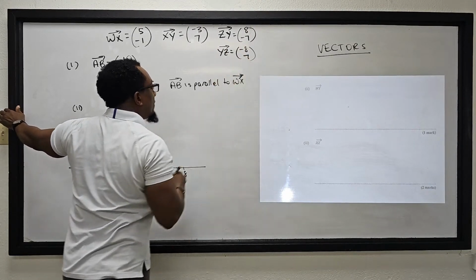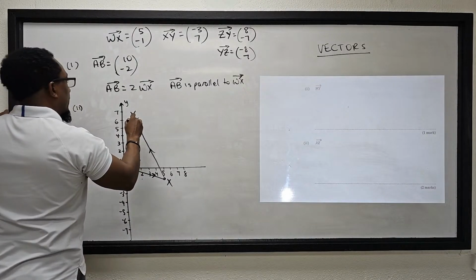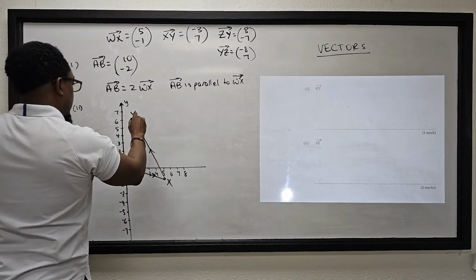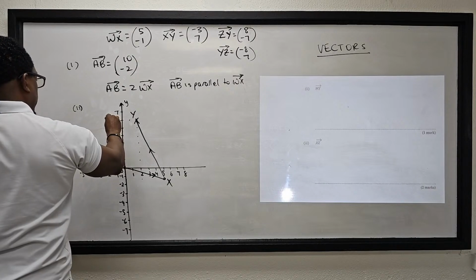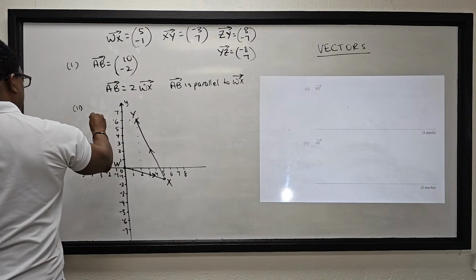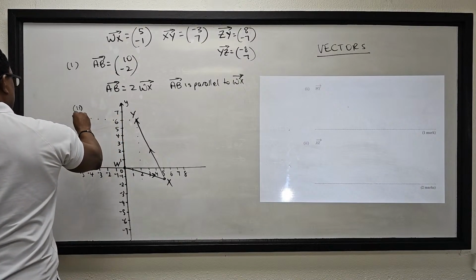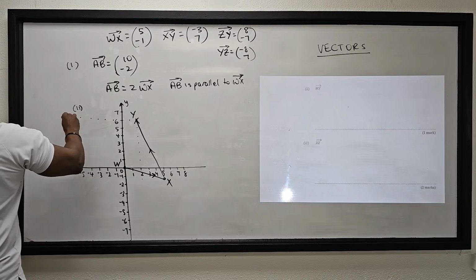Negative 8, positive 7. So it's going to be negative 8 moving to the left. 1, 2, 3, 4, 5, 6, 7, 8.